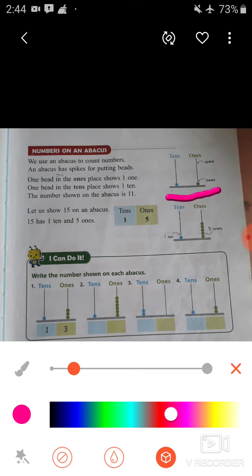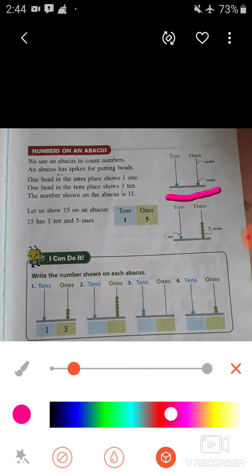Similarly, next, let us show 15 on an abacus. Let's know how to show 15 on an abacus. In the first column or tens column, there is 1 bead, it means 1 ten, and in the ones column there are 5 ones.